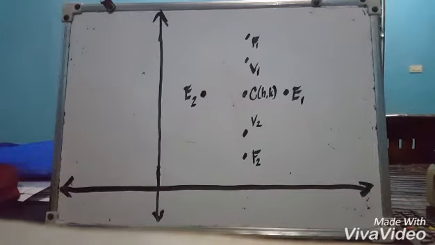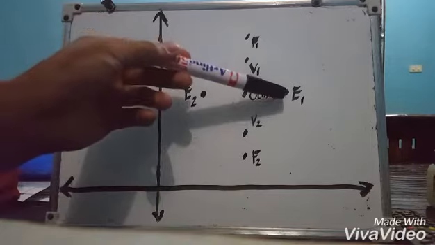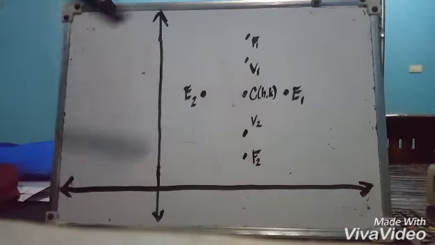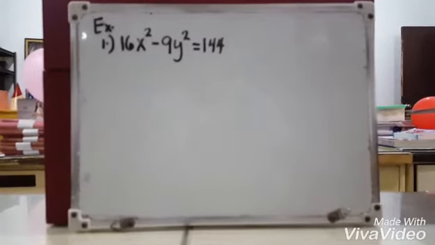Okay? Again, it's called the transverse axis. And now, the line segment joining E1 and E2 for a hyperbola, this is what we call the conjugate axis. Again, conjugate axis. For the spelling class, you may refer to your book. That's on page 27. Okay, those are the terms, class, that are new for a hyperbola. Now, okay, let us consider this example, class.